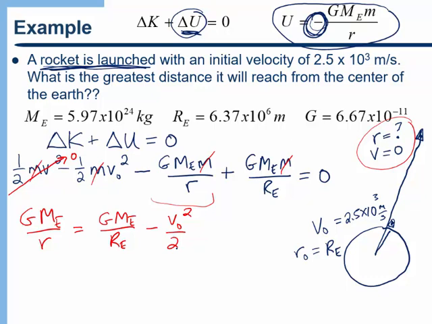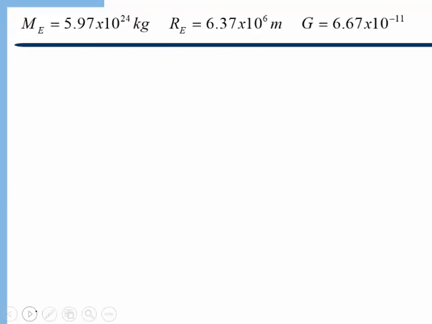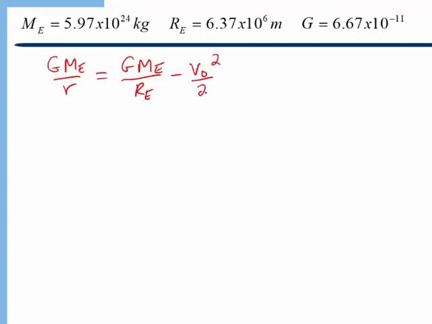So let me go ahead and copy that to the next slide. So we had G mass of the Earth over r is equal to G mass of the Earth over the radius of the Earth minus v naught squared over 2.